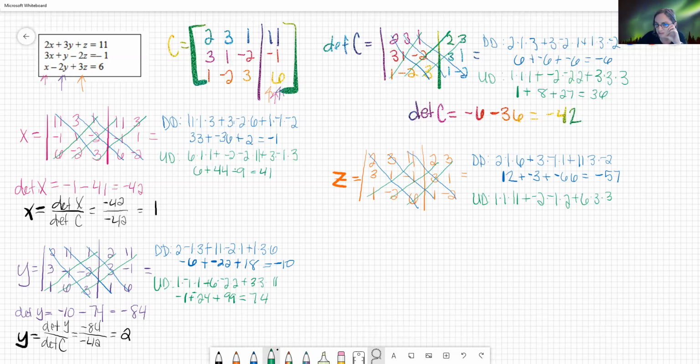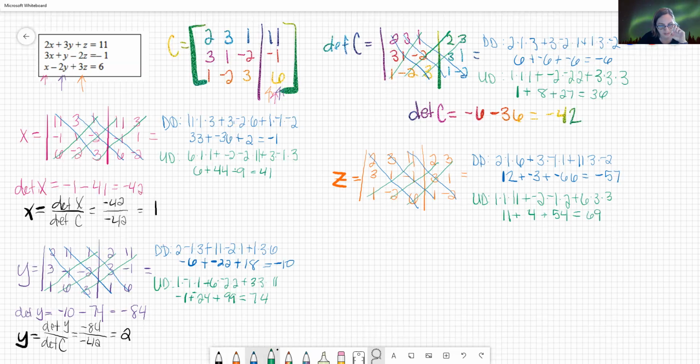So I have 1 times 1 times 11 is 11, plus, two negatives make a positive, so 2 times 1 times 2 is 4. And all of these are positive, therefore I'm going to get a last positive. 6 times 3 times 3 is 54. 54 plus 11 plus 4 is going to give you 69.